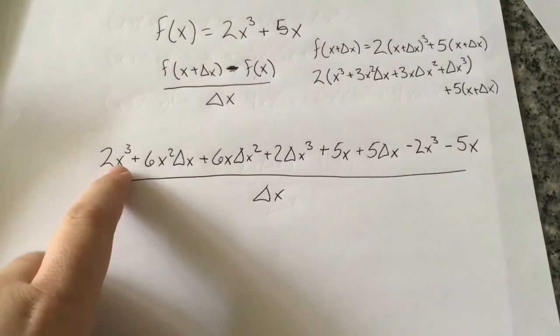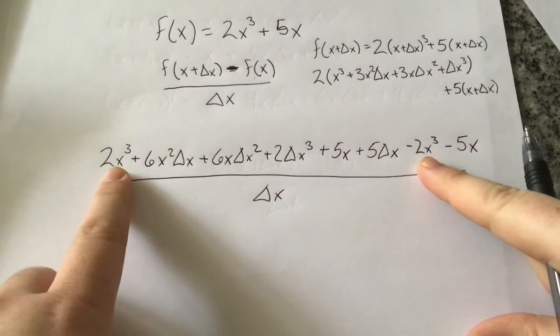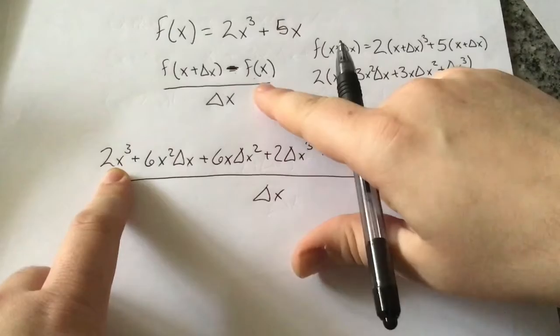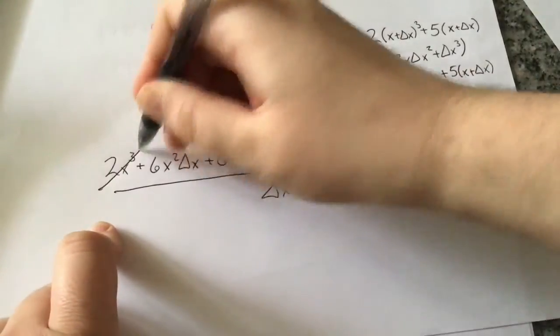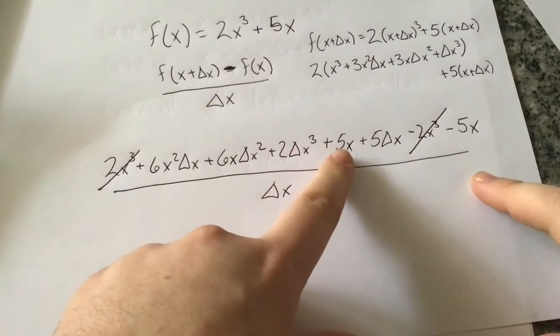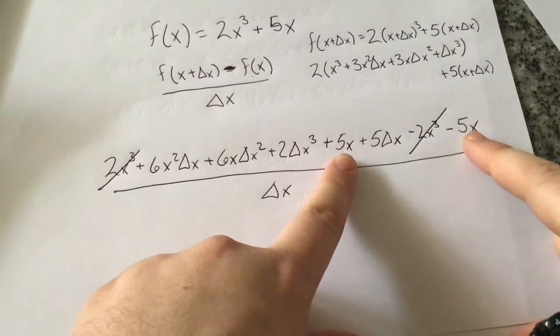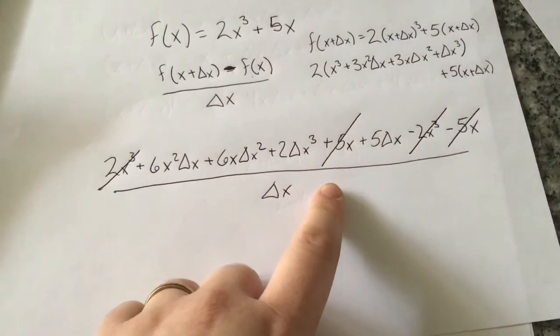Our first term, 2x to the third, is going to cancel out with our first term in the second part, the f of x part, minus 2x to the third. So those are going to go away. Then we have another term here, 5x, that is going to cancel out with this minus 5x. Those are going to go away.